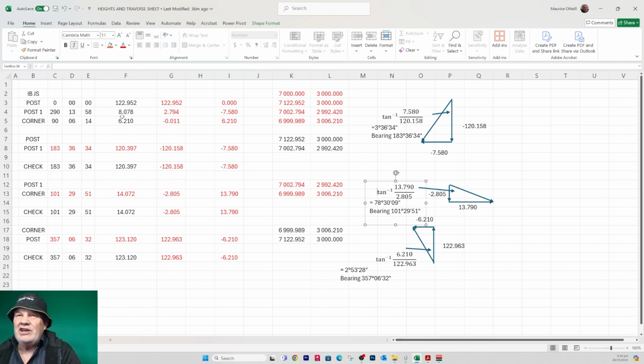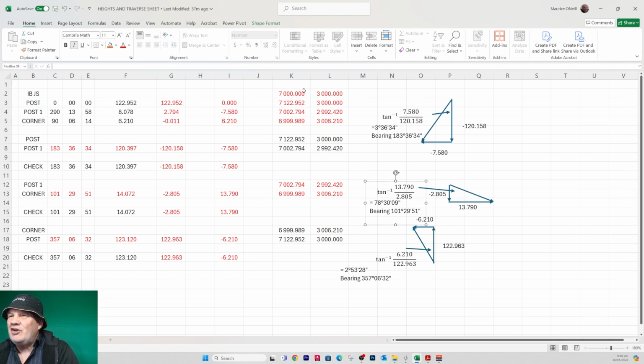As you can see here, I've put in the same coordinate, bearings and distances, hopefully. I'm in trouble if I haven't, but anyway, I've put them in there and I've run them out.